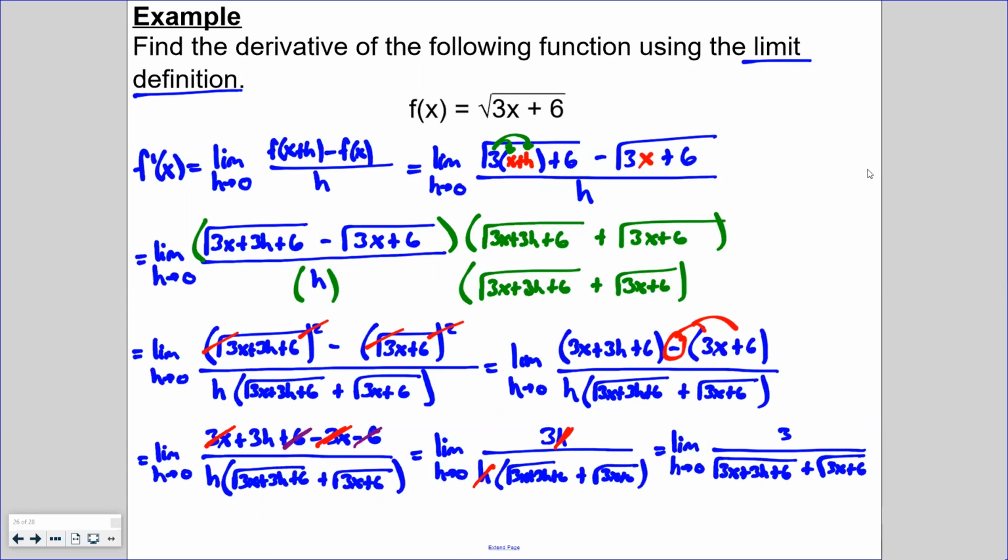And then we can take the only calculus step there is in this entire problem and substitute 0 in for h. And that's going to give us the square root of 3x plus 3 times 0 plus 6, plus the square root of 3x plus 6, and that's all underneath the 3.